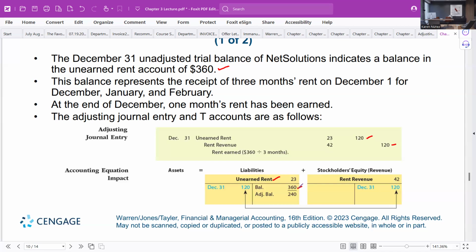So none of it initially goes into a revenue account. All of it goes into this liability account called unearned rent. And at the end of each month, for 3 months, we're going to recognize 1 month of this rent. And here's the first month. So that's a deferred revenue. Initially, we defer it into the liability account. And then at the end of each month, we're going to go ahead and recognize 1 month of rent.